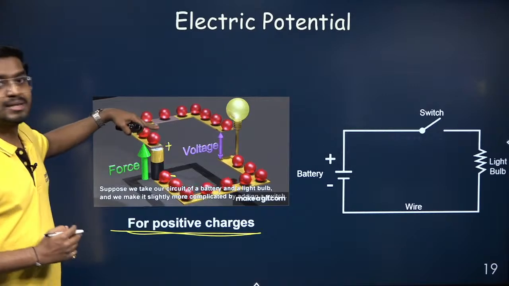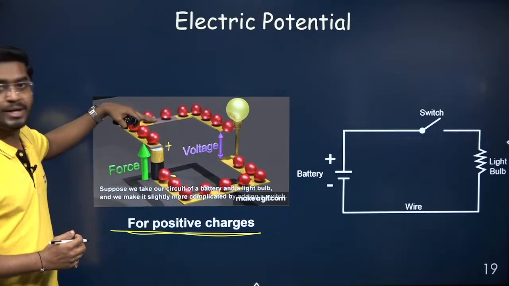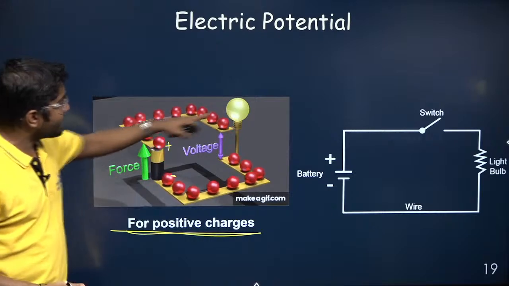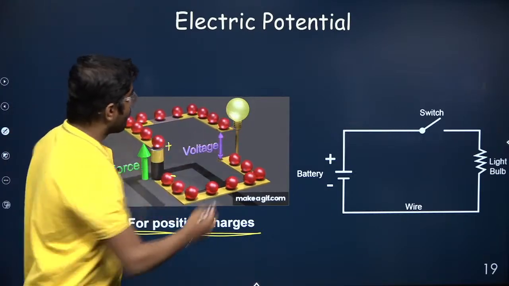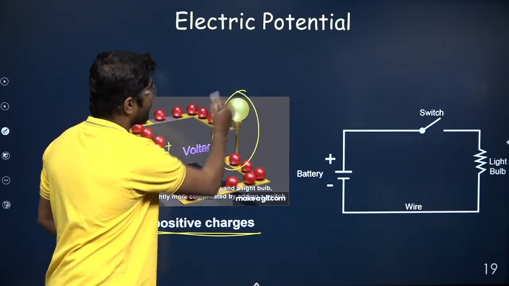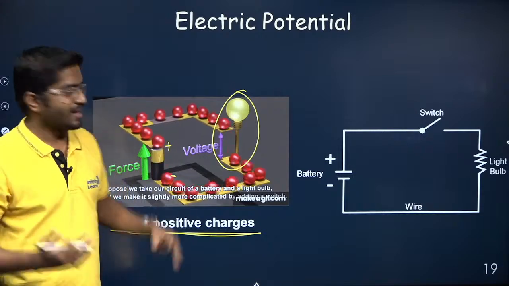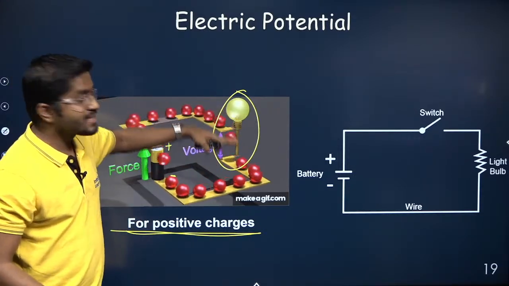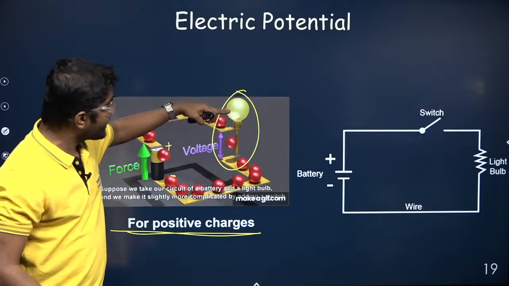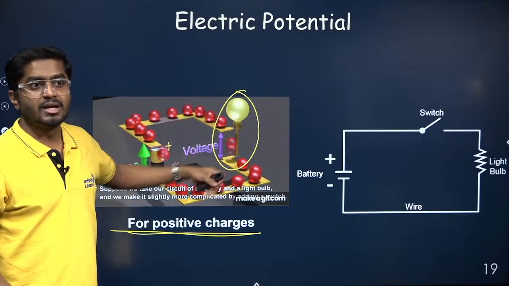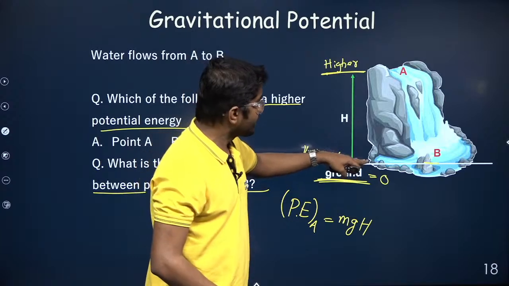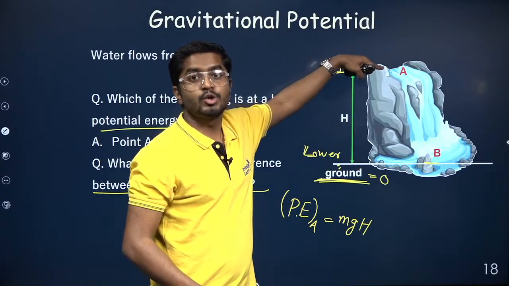The battery pushes the positive charges in the upward direction from the lower potential to the higher potential, and across the resistor, for example this bulb, which is also called a resistor, the positive charges just come down from higher potential to the lower potential. For example, if I attach a motor, then we can pump the water to the higher potential.